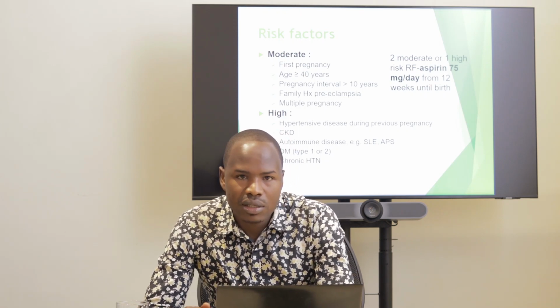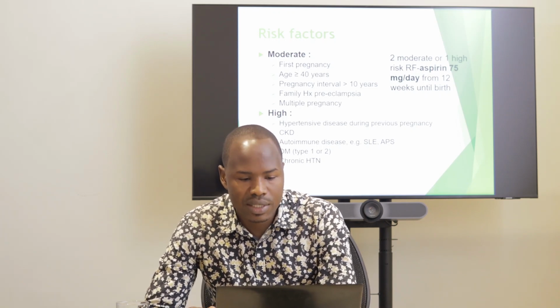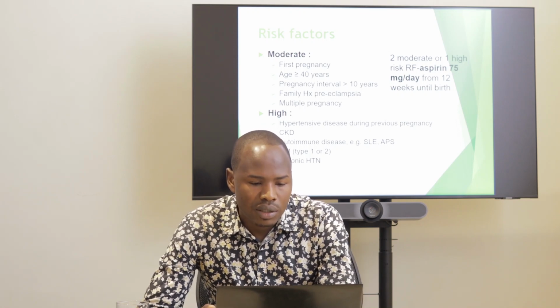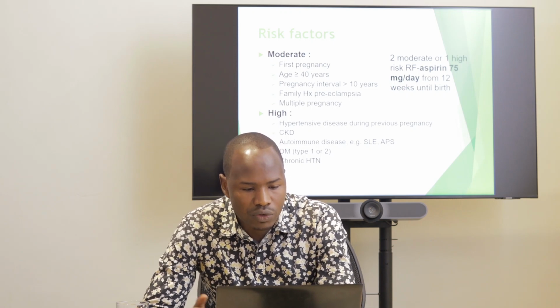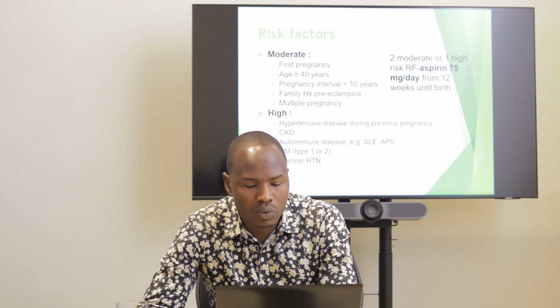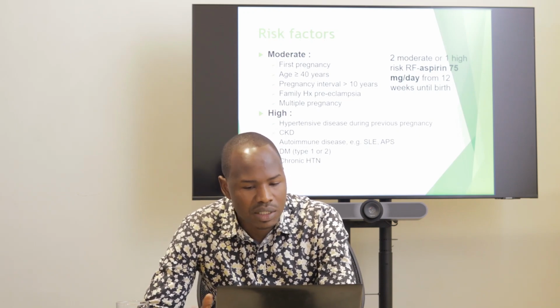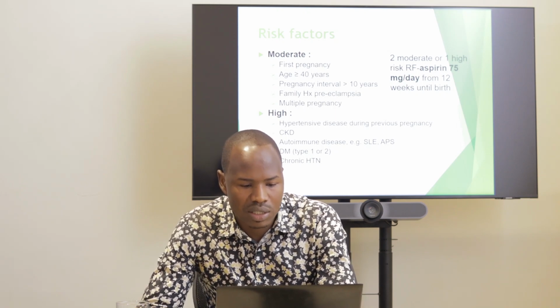Moderate risk factors: preeclampsia occurs in first pregnancy, primigravida, and in people aged greater than or equal to 40 years, pregnancy interval of greater than 10 years, family history of preeclampsia, and multiple pregnancies. Those are moderate risk factors, as you can see in this presentation.